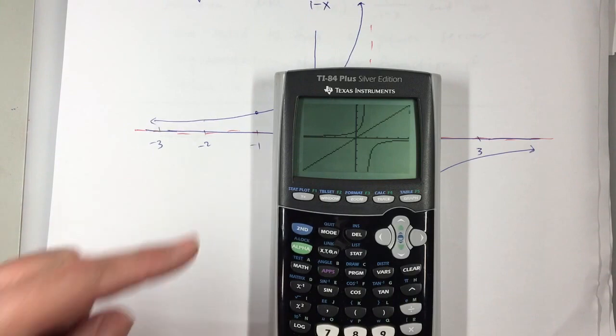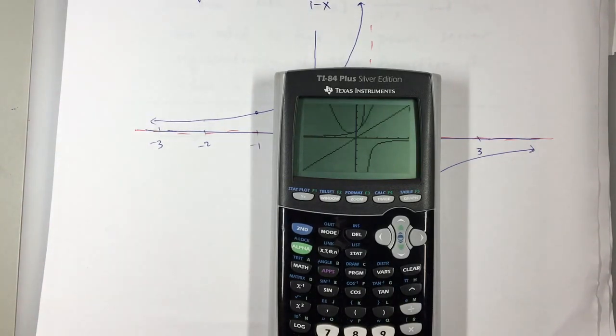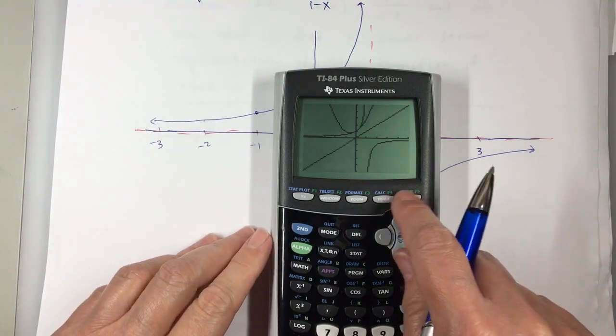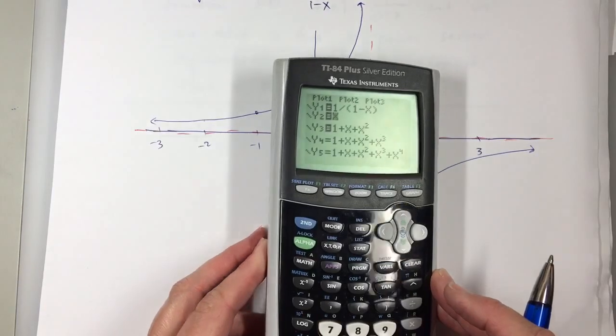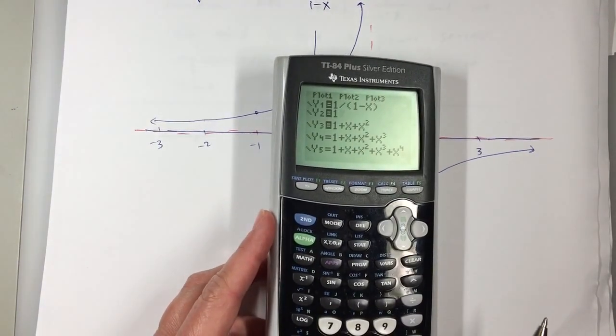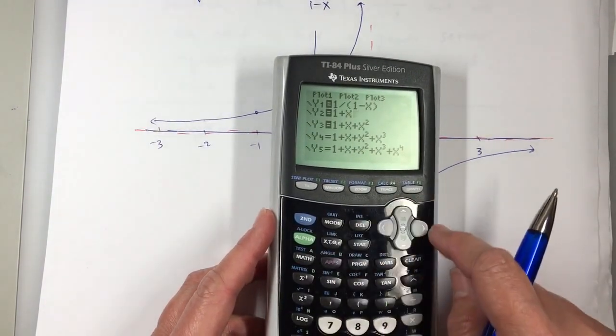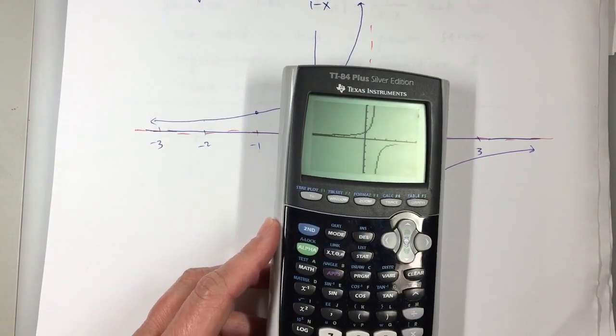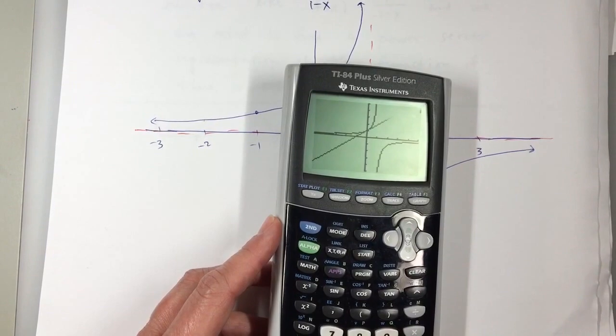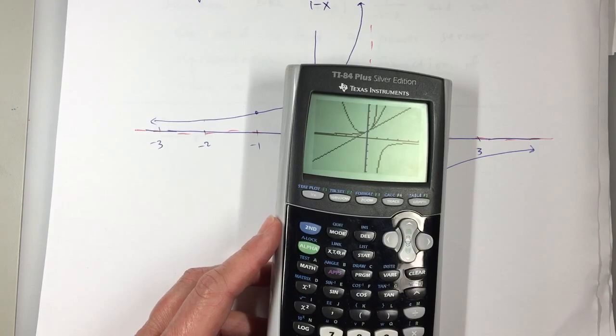Oh, I put in the wrong line. Okay, let's fix that. So y2 should be 1 plus x. And then there's my 1 plus x. Here's y3, and that's all I graphed.